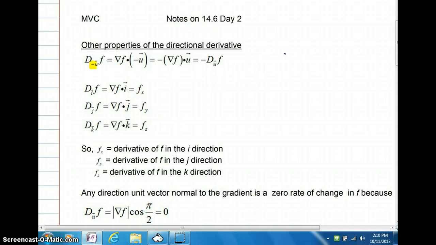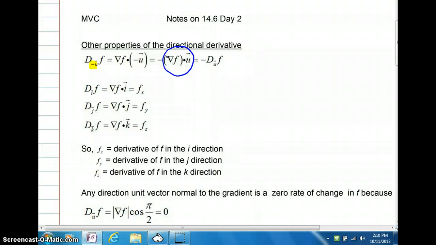Well, we saw that with cross products and dot products, if there's a coefficient out in front, we can move it out in front of the whole multiplication. And what we're going to see very quickly is that the negative is out in front of the gradient of f dot u. So it's really the opposite of the directional derivative in the direction of u.